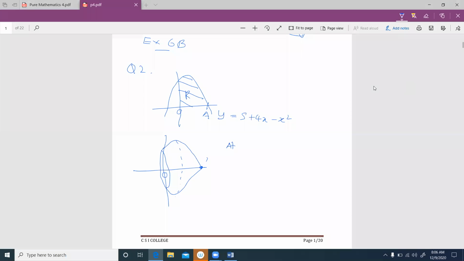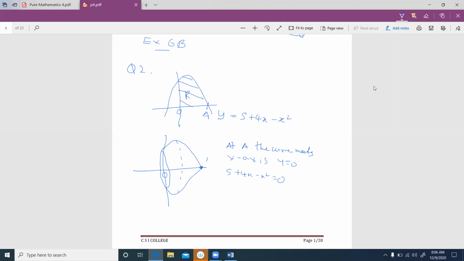Then you can see at A, the curve meets the x-axis. If any curve meets the x-axis, the y-coordinate equals 0. That means 5 plus 4x minus x squared equals 0.